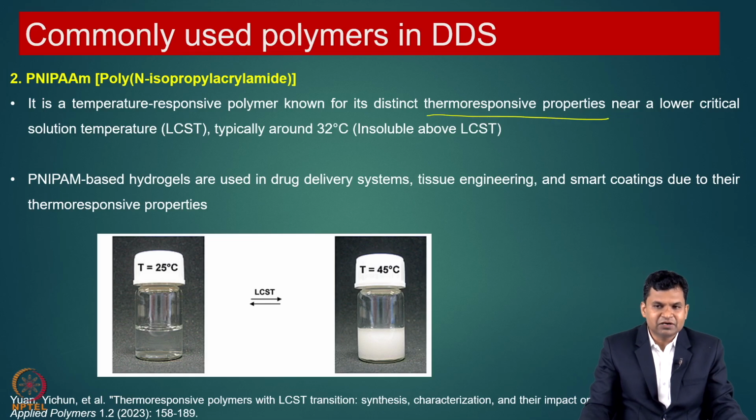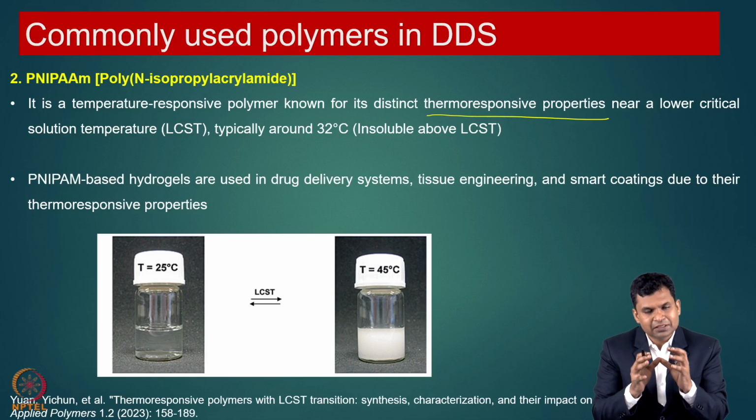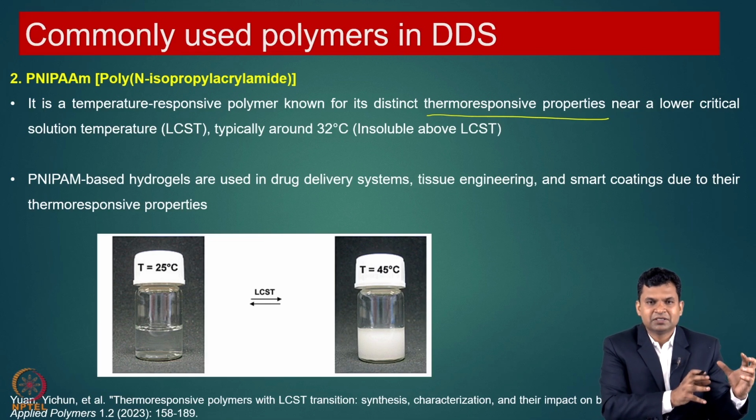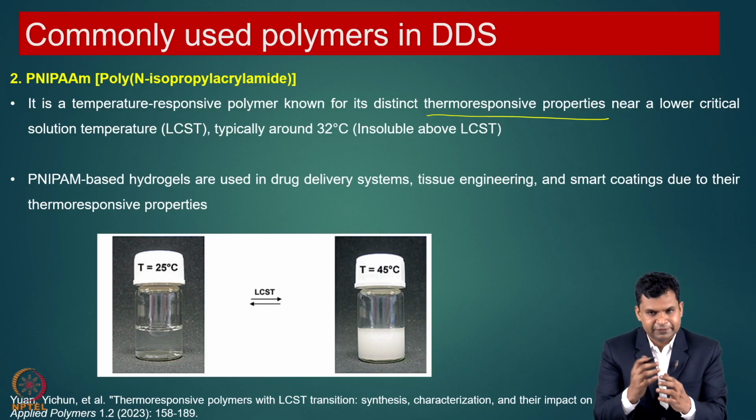There we have discussed temperature responsive polymers, which we can use for active targeting, especially in case of cancer, because the cancer microenvironment is completely different from normal cells. Because of the high metabolic rate, the temperature in the cancer cell will be very high. So, that condition is called hyperthermia.